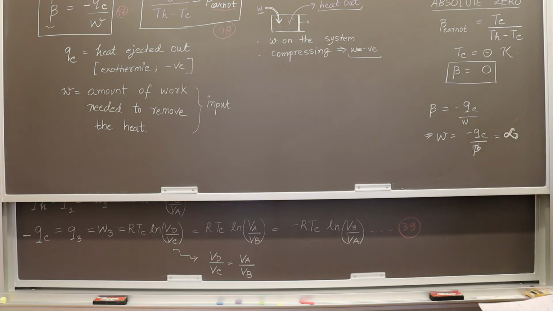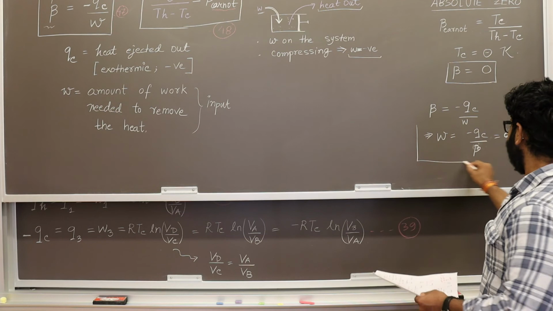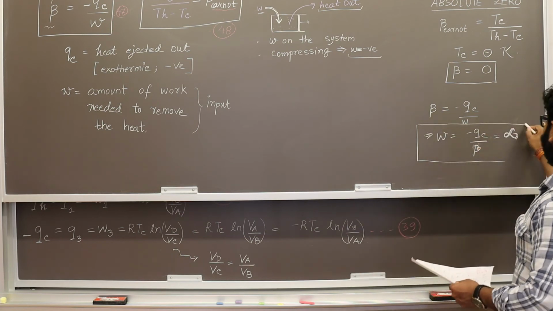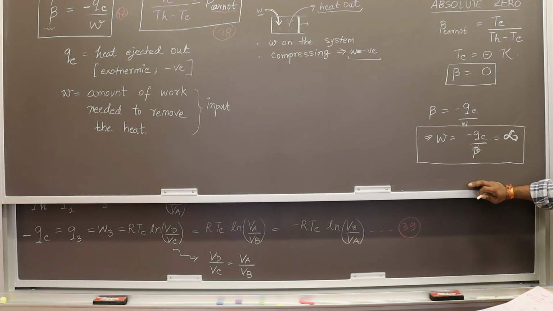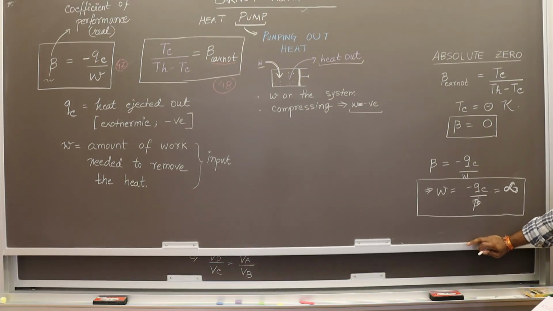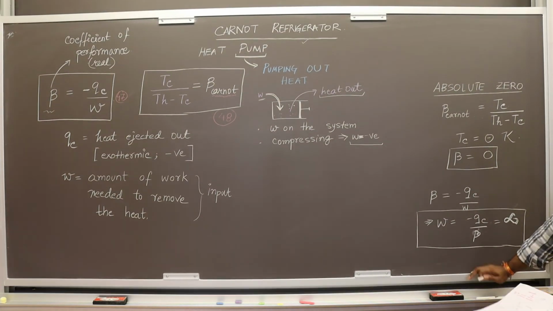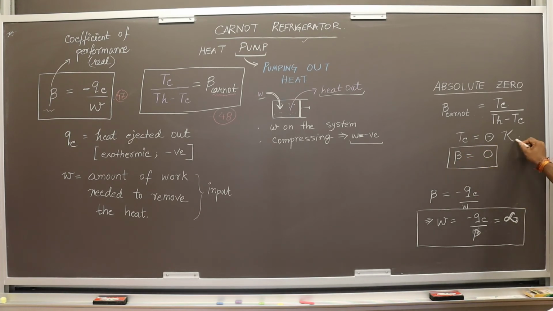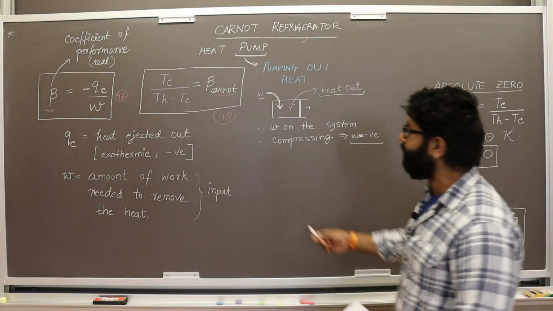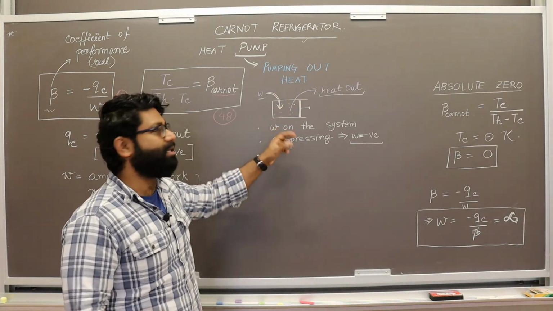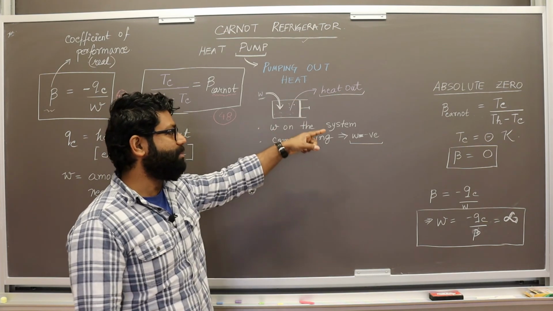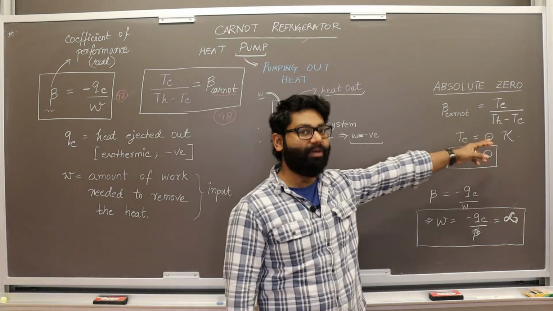What that means is, in order to get to 0 Kelvin temperatures, the amount of work that you need to do on the refrigerator, on the system, to get to 0 Kelvin is infinity, right? So you have to do an infinite amount of work on this refrigerator, on this gas, on this system, to get to a temperature that will equate to 0 Kelvin.